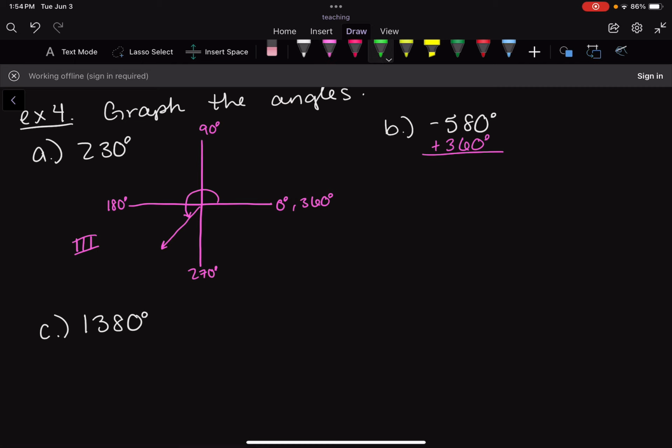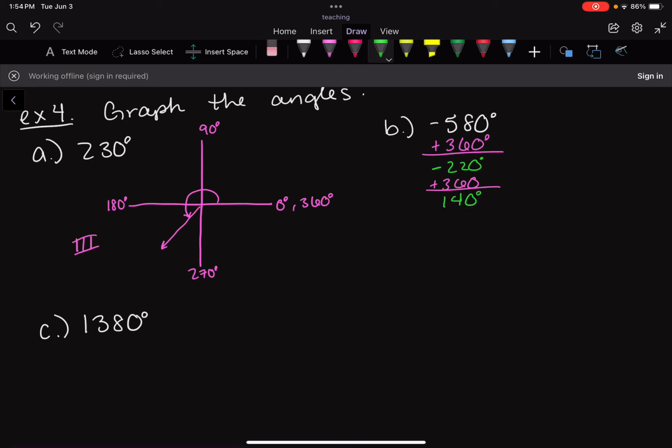So if I add 360 to this, let's see what I get. Negative 580 plus 360 gives me negative 220. And then I'm still not at a positive angle, but I really want to be. So I'm going to add 360 again. And that gives me 140.